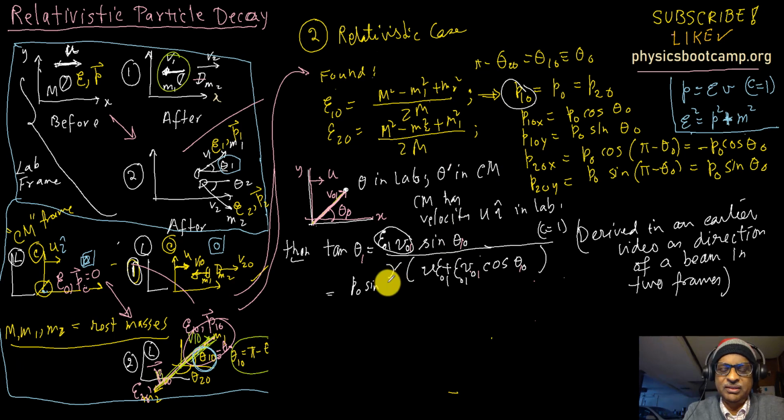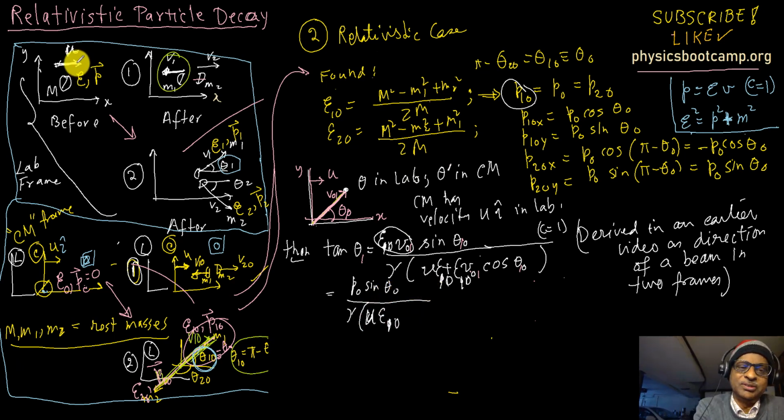Theta 10, I'm going to assign theta 0, and E10, I mean, I multiply E10, not 01, 10. First is the particle, second is the frame, which I already know, and U is already known.